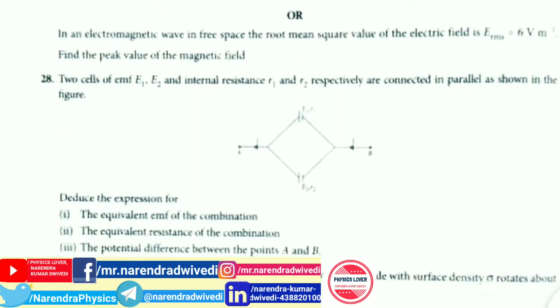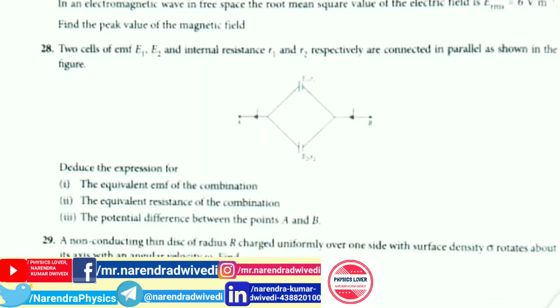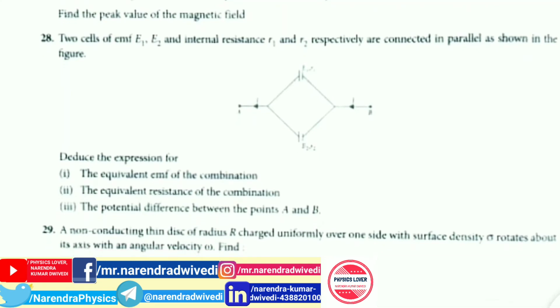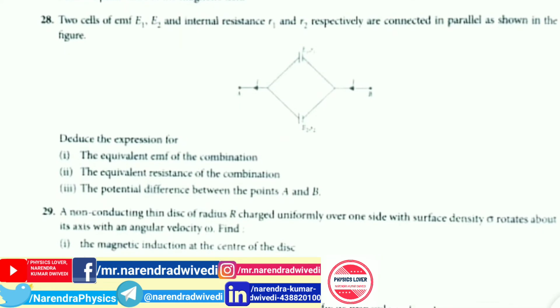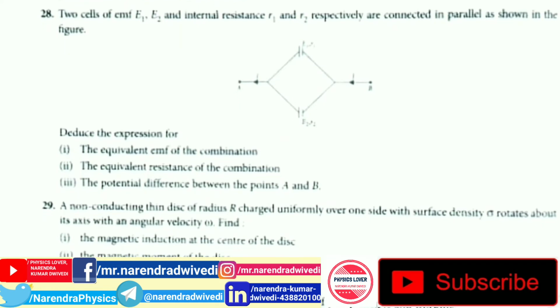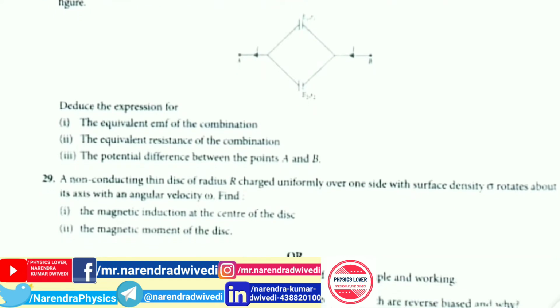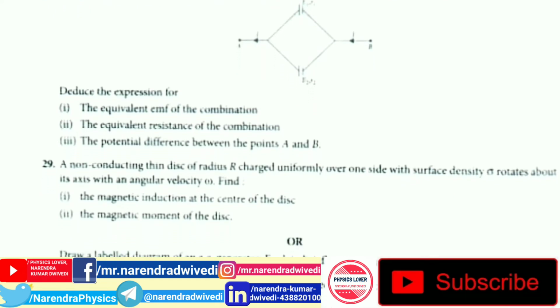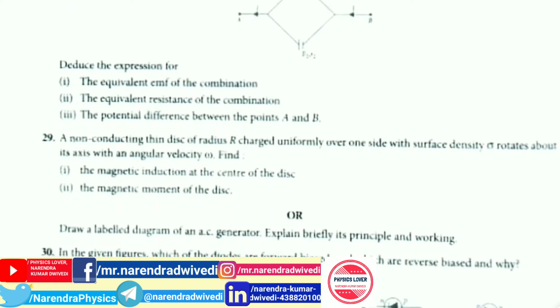27th question. The electric field of an electromagnetic wave in free space is given by vector E equal to 10 cos(10^7 t + kx) j cap volt per meter, where small t and small x are in seconds and meters respectively.